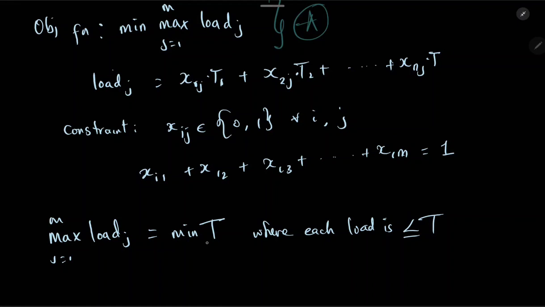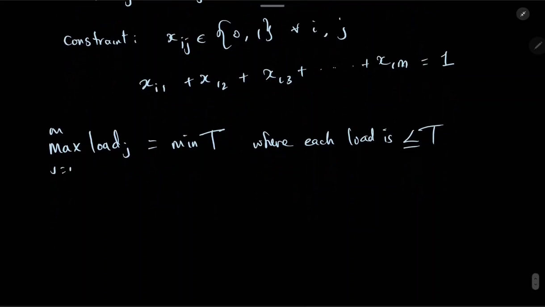The extra variable we have taken is a time that even the machine that has the most load cannot exceed. So it's more like placing a boundary for all loads on each machine.